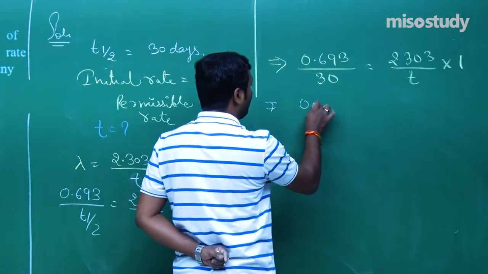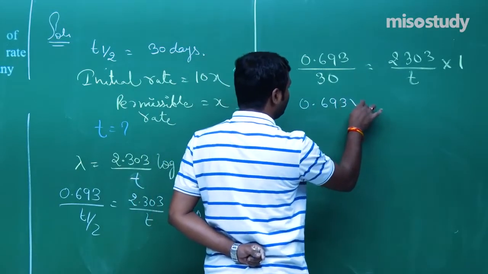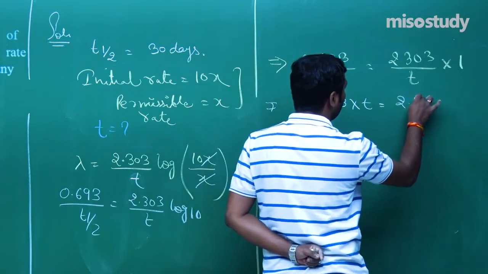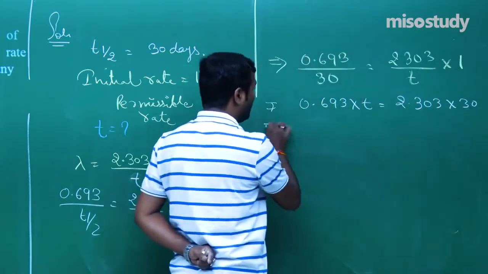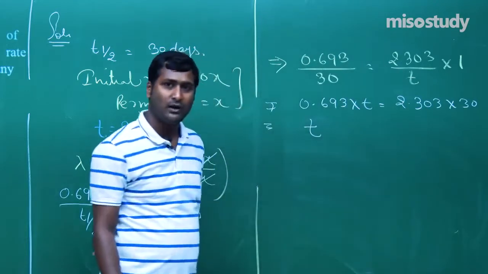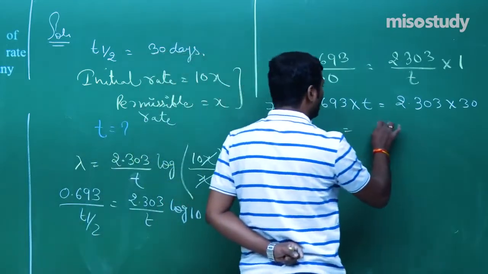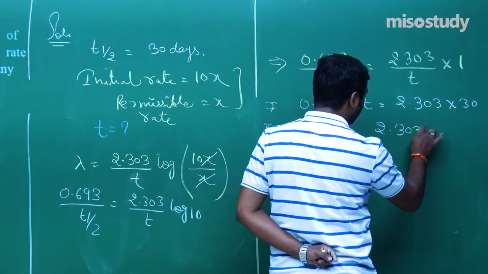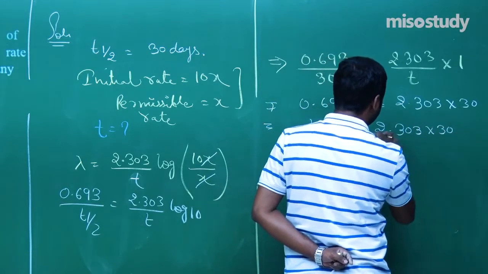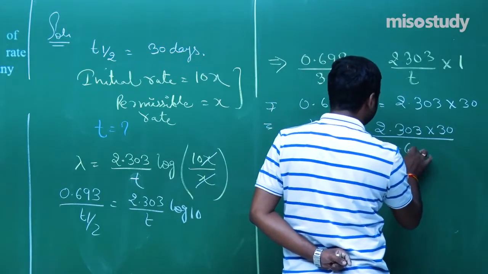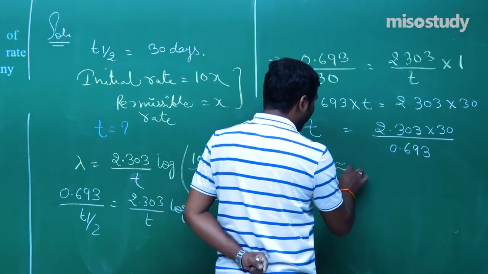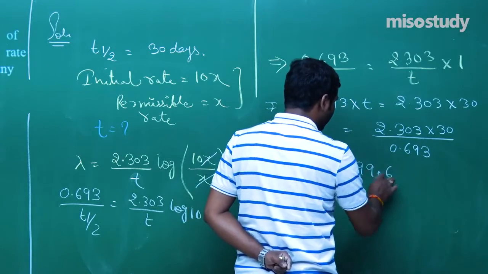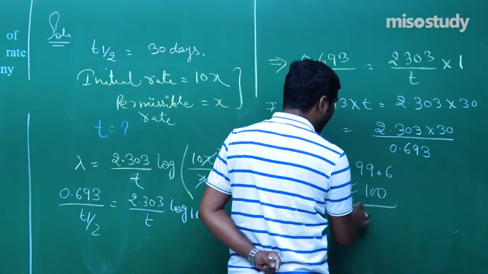That is 0.693 into t is equal to 2.303 into 30. Now t is equal to, tell me what will happen? t is equal to 2.303 multiplied by 30 divided by 0.693. After solving we get the value around 99.6. Rounding up we get the value of 100.